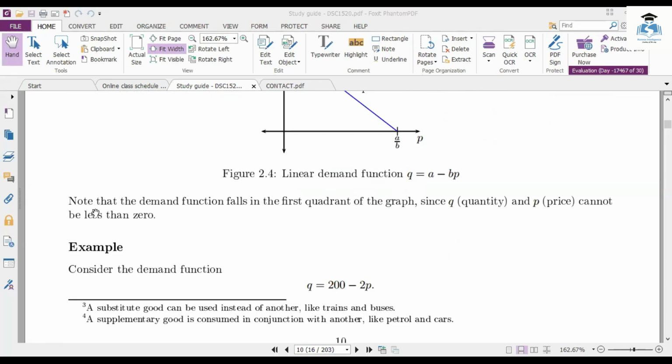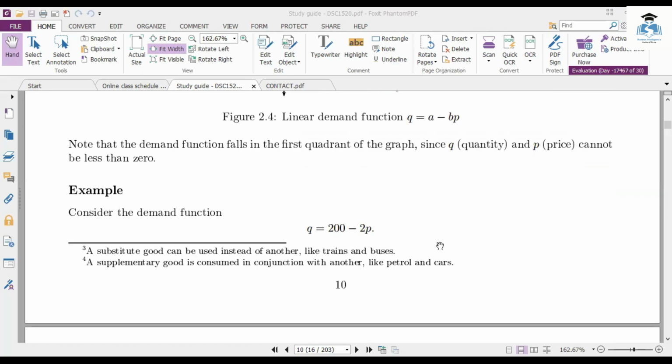So consider the demand function Q equals 200 minus 2P.